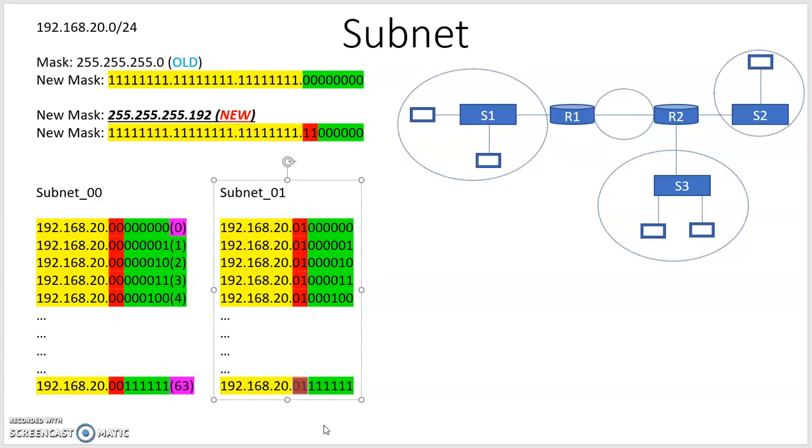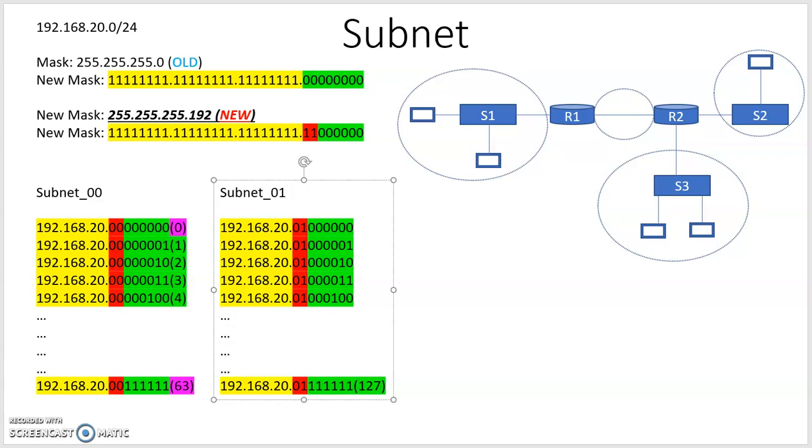Let me count. 1, 2, 3, 4, 5, 6, so plus 1, so 7. So what is this number? This number is 127.